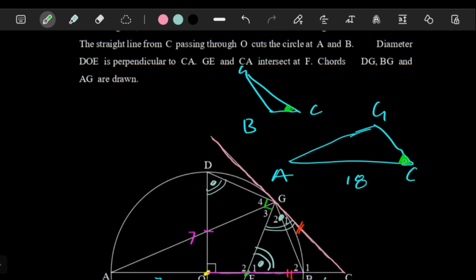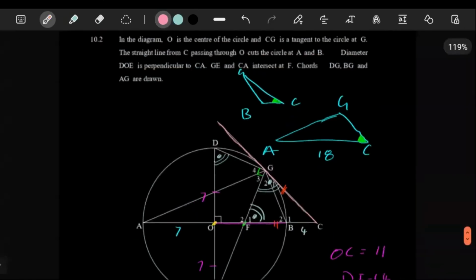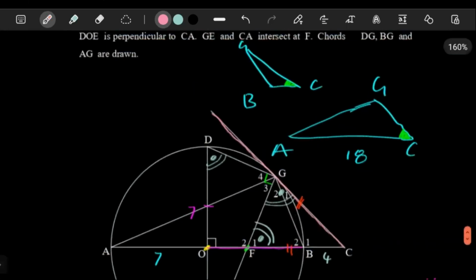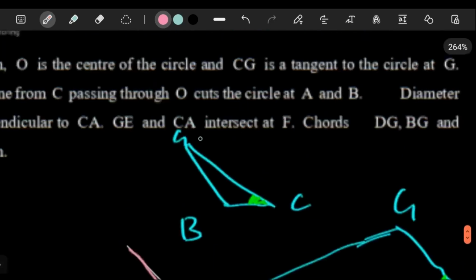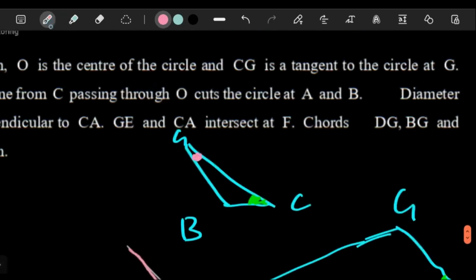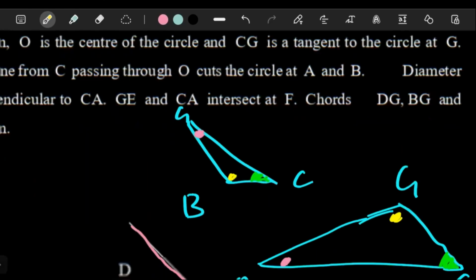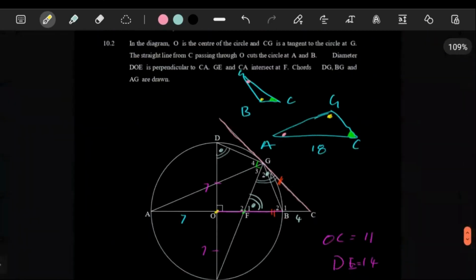This is a common angle. Just because of the way this looks, you can almost see which ones are going to be equal. To prove similarity between these two triangles, use two pairs of angles that are the easiest to prove.